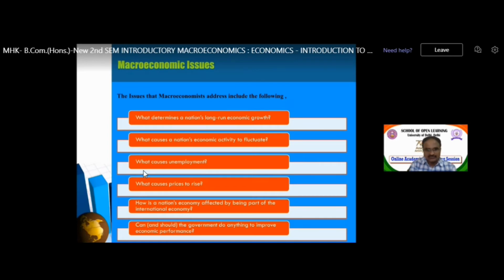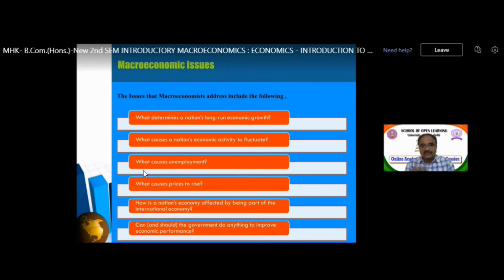Each and every student can take this into consideration in your own life. You observe what the market is, what the economy is, what the prices are doing. Whether the price is increasing or decreasing. Of course, it is increasing. Why is it increasing? We have to address the causes of the price rise.